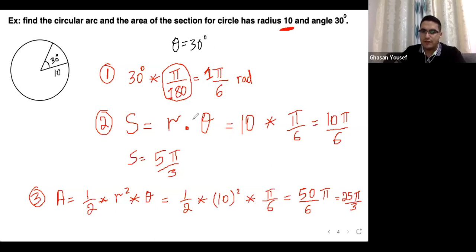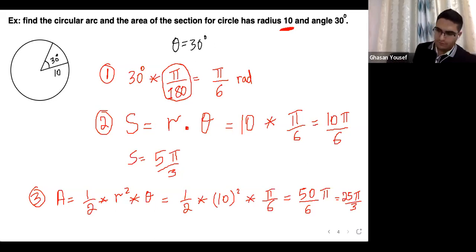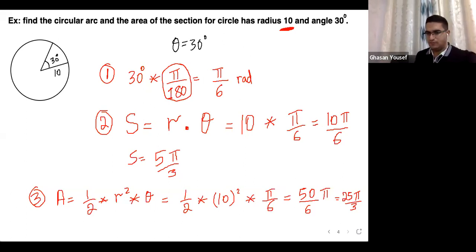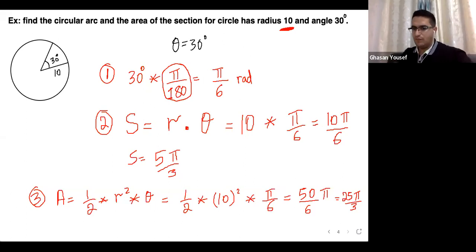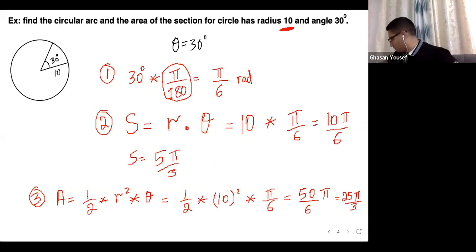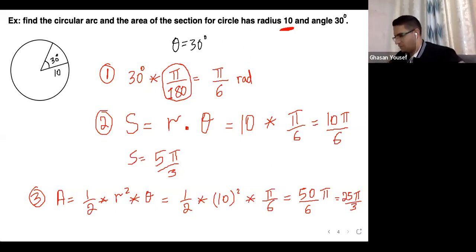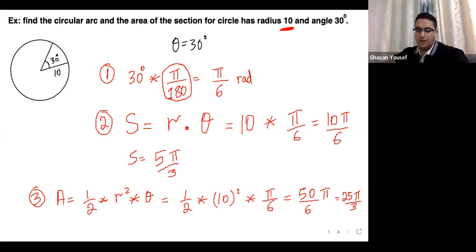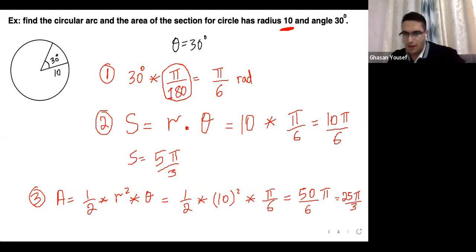If you want to convert to degree, you have to multiply by 180 over pi. Clear? Another question? Anyone has a question?